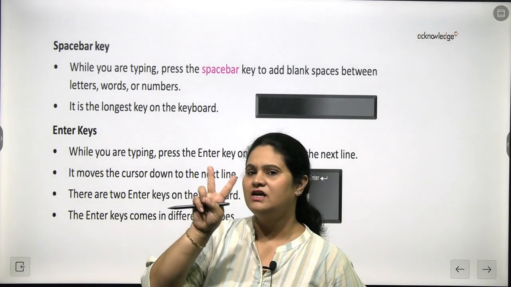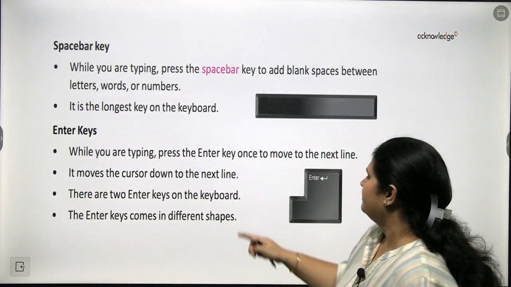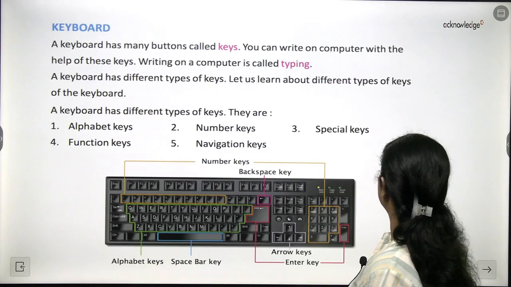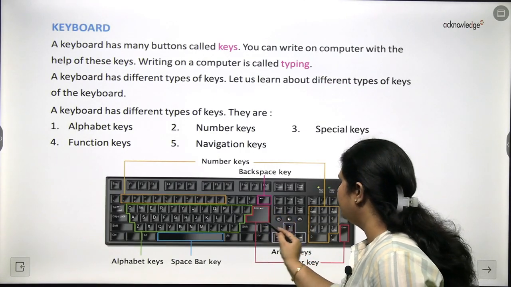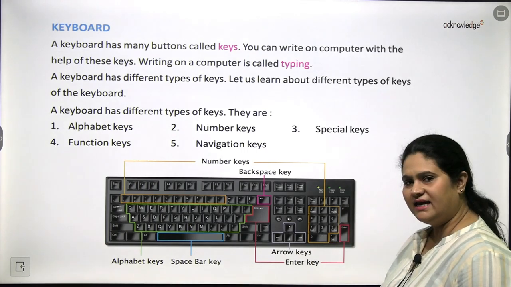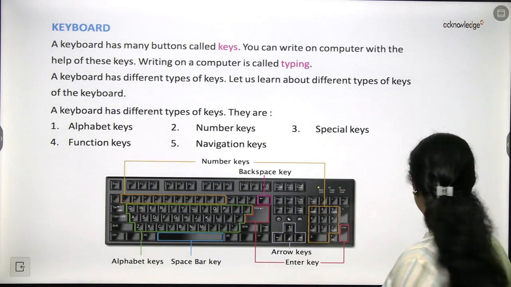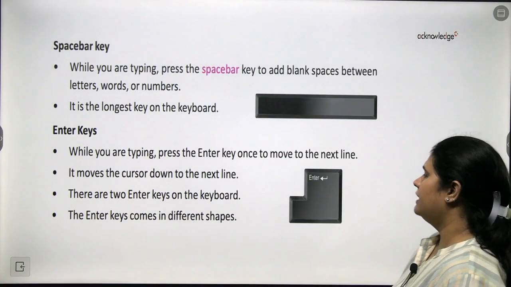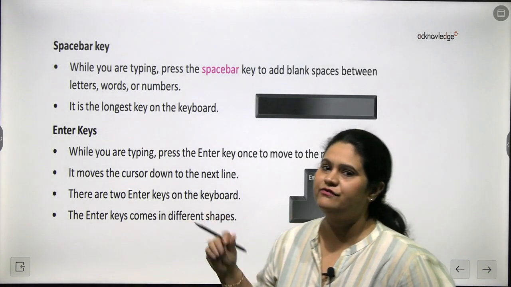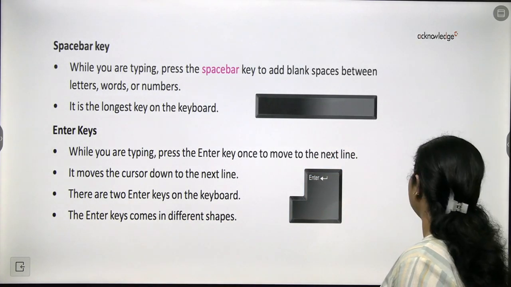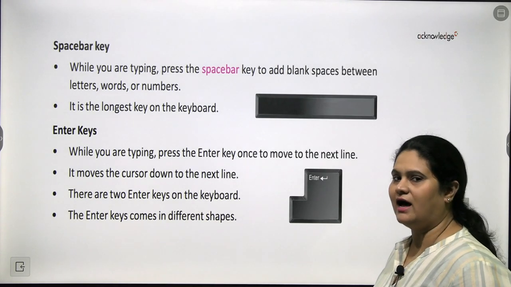Correct, we have 2 enter keys. Let me show you. This is the first enter key that we have and this is the second enter key, right? Okay. And also they come in different shapes, right? So, we have 2 enter keys on our keyboard.